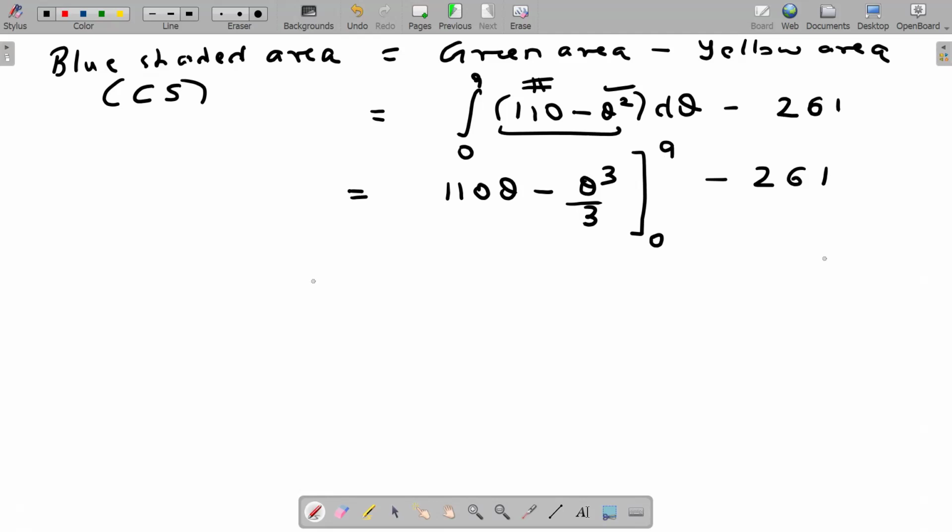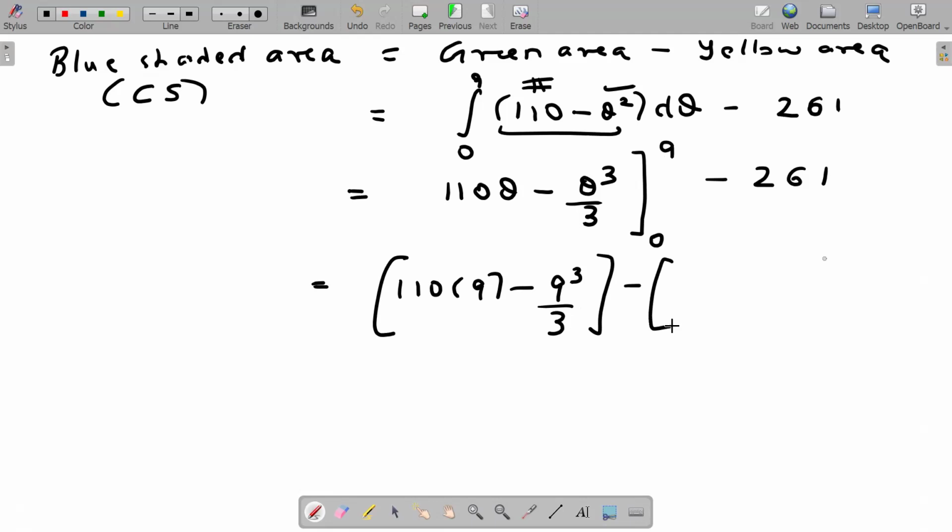So if I scroll down, let's put q as 9 first. So 110 into 9 minus 9 cubed by 3, minus, now we put q as 0. So 110 into 0 minus 0 cubed by 3. Let me write it more clearly, minus 261. So this is going to come out as 990 minus, how much is 9 cubed? Let's quickly work that out.